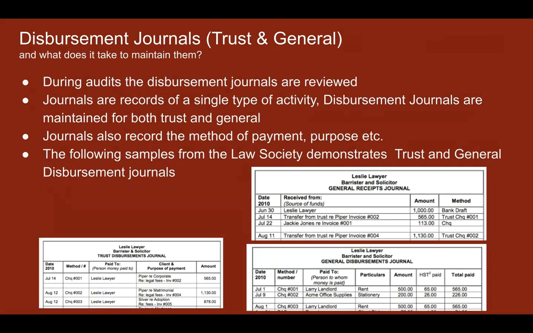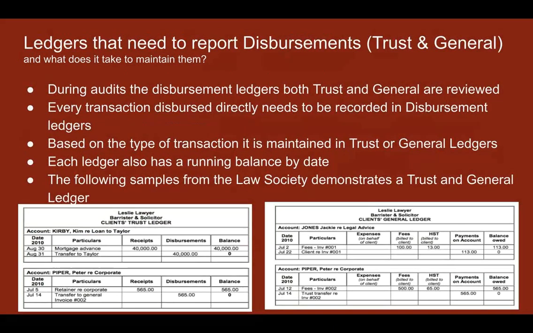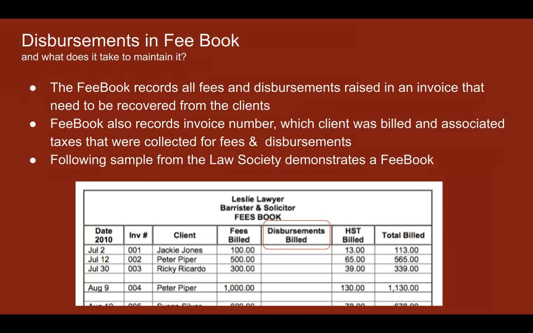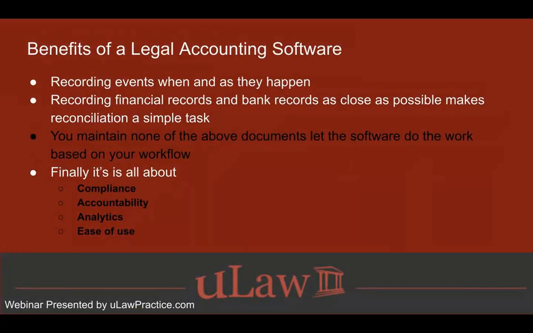It gets recorded with a single type of activity, whether it's receipt or disbursement. So it's the trust receipt journal, trust disbursement journal, general receipt journal, and general disbursement journal. So you're left with 2 ledgers, 4 journals, and 1 fee book, 7 overall, depicting disbursements as part of the document or reporting.